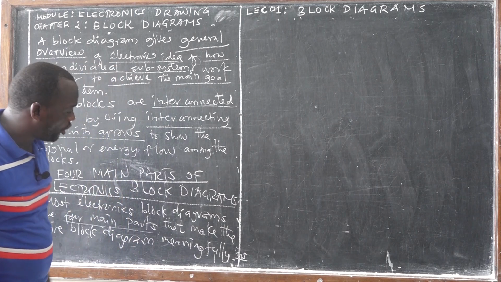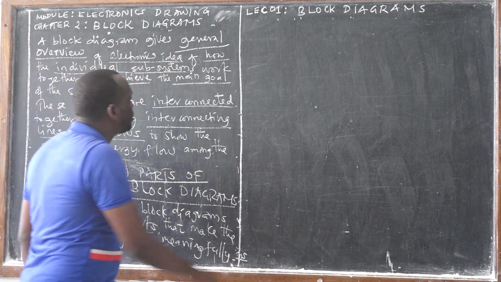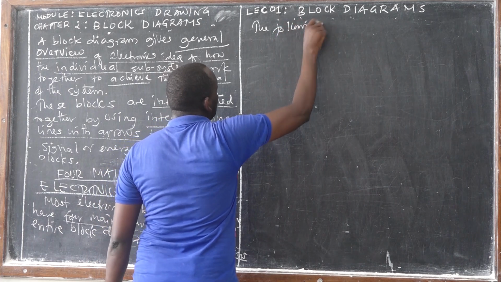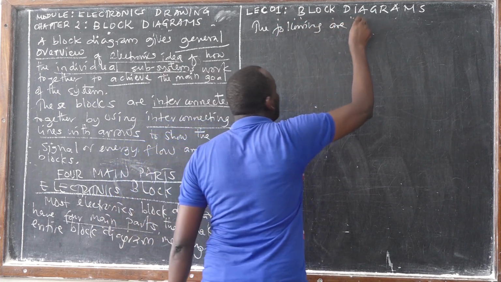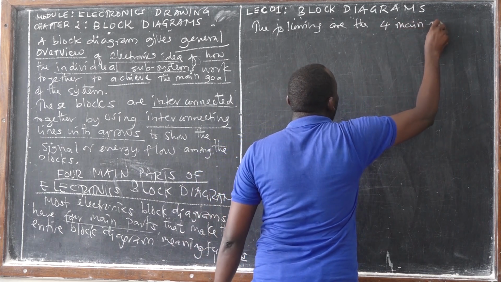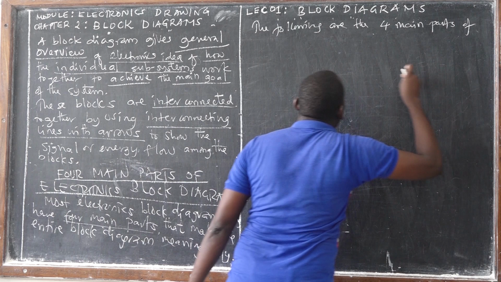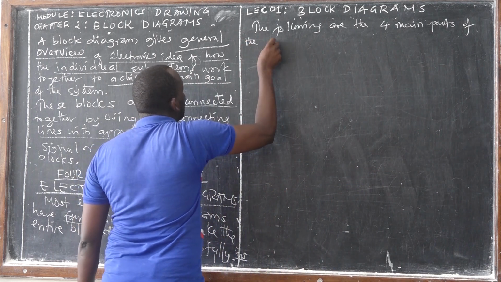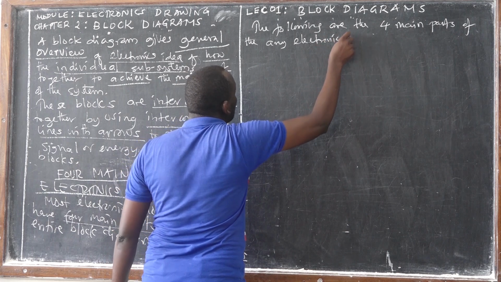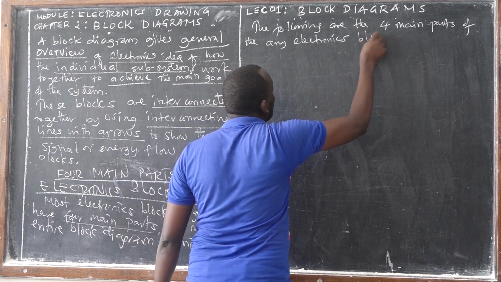Okay. So the following are the 4 main parts of the electronics block diagram.